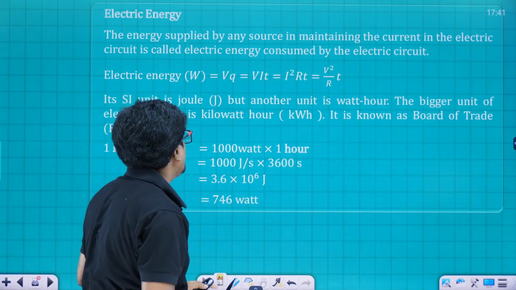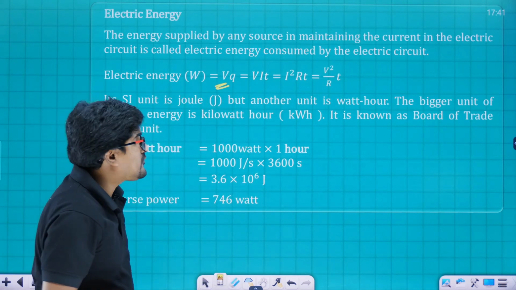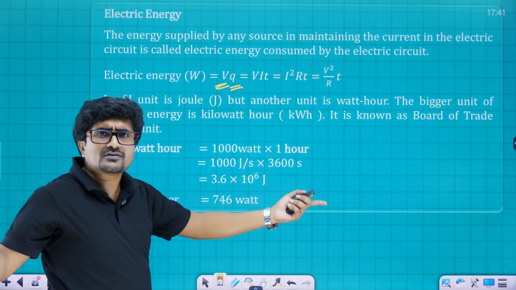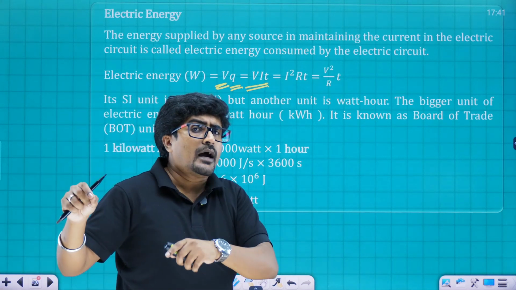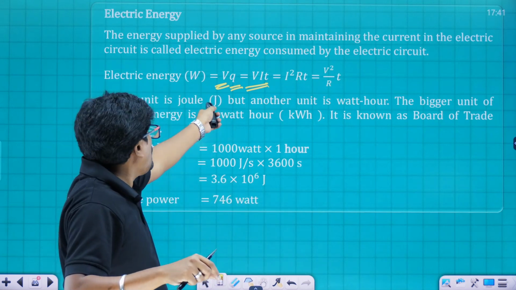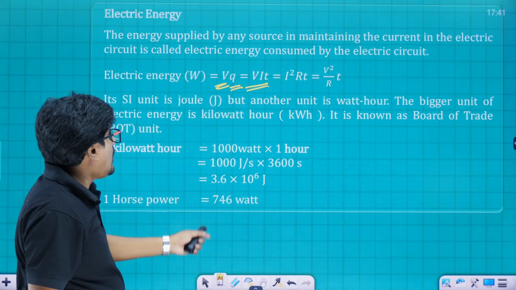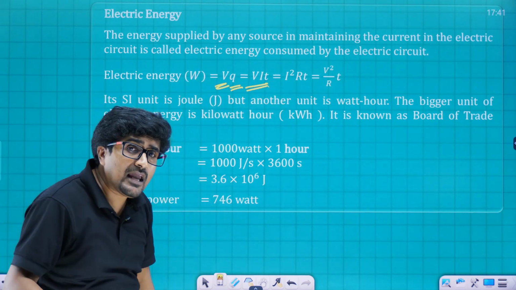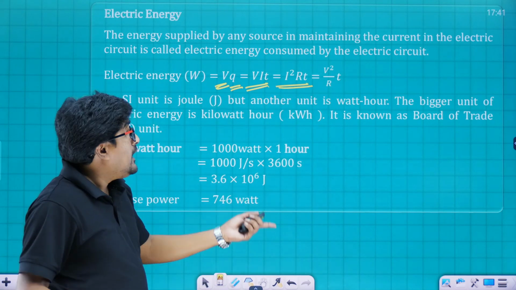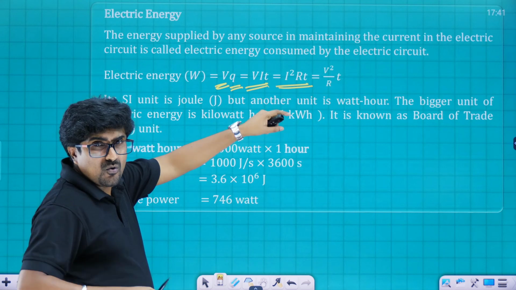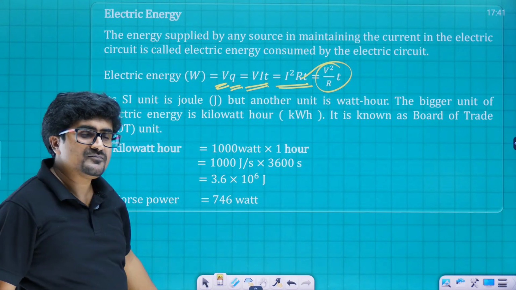If we apply a potential difference of capital V, and as a result a net charge of small letter q is transferred across the circuit, then the electrical energy delivered by the source is V into Q. In terms of I, it can be represented as V into I times T. If you want to explain the same in terms of the resistance, we may have it as I square times R into T, or in terms of V, R and T, you have another option, that is V square times T upon R.